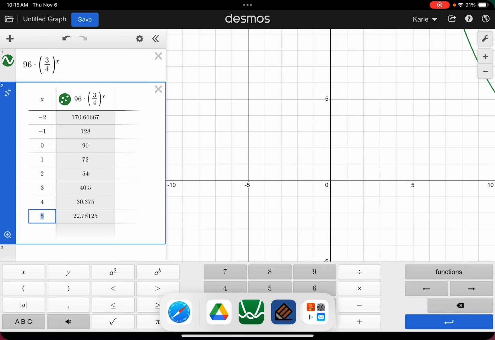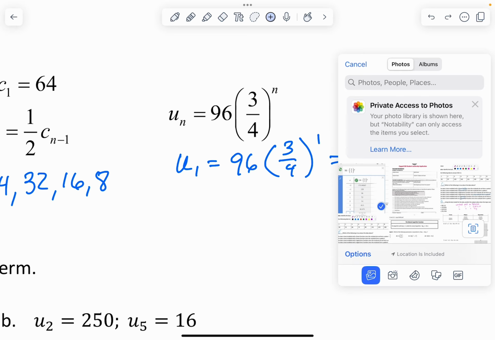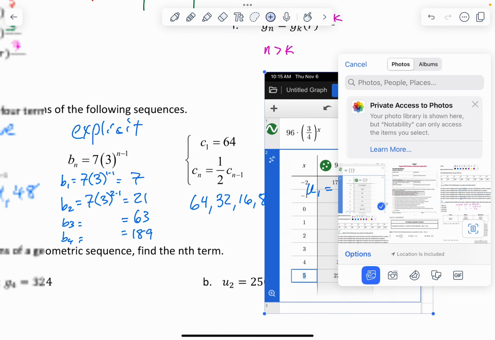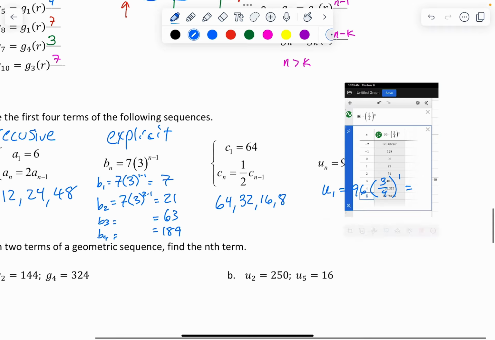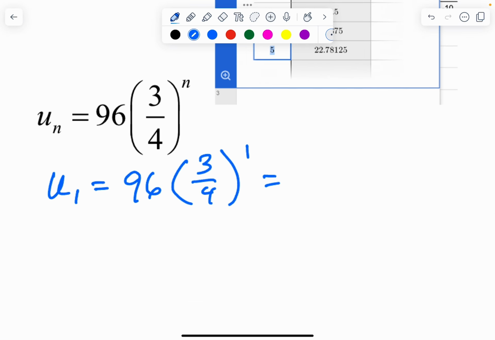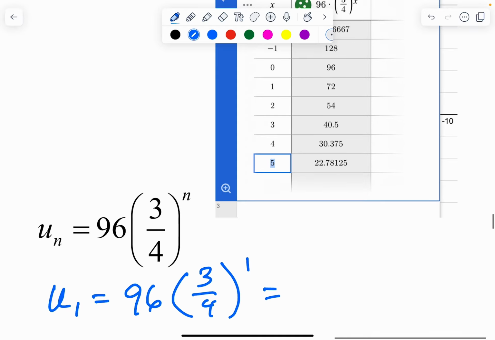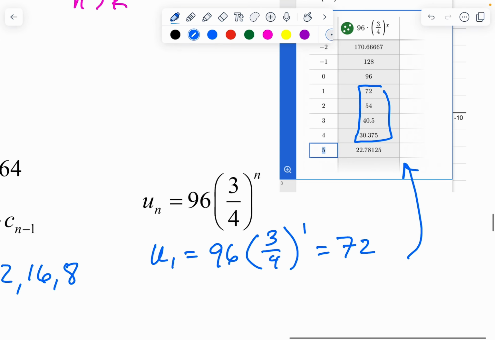Okay, let's add that little picture. And so my first 4 terms are these. Term 1, term 2, term 3, term 4. So that was 72, and then the rest are up there. Cool. I prefer maybe a fraction. This would be like 81 over 2, but whatever.